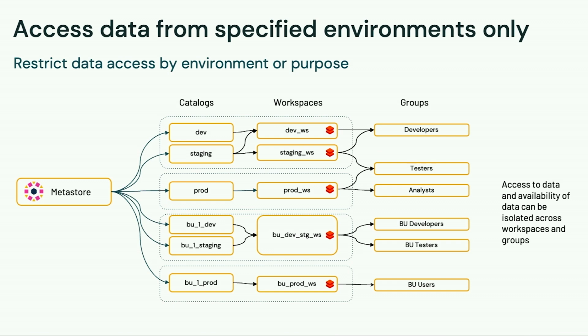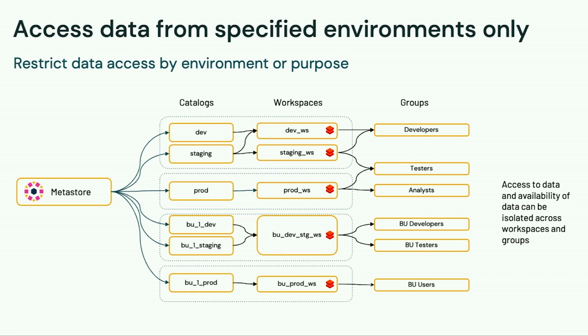As an example, when a developer who is part of a development group is using the development workspace for all the activities, building ETL pipelines and so on, they are only supposed to have access to the development catalog. They don't have any business having access to the prod catalog. So you can determine that this dev catalog can only be attached to the workspace aligned with the developers. And if the tester needs access to the staging catalog, they can be attached to the staging workspace.